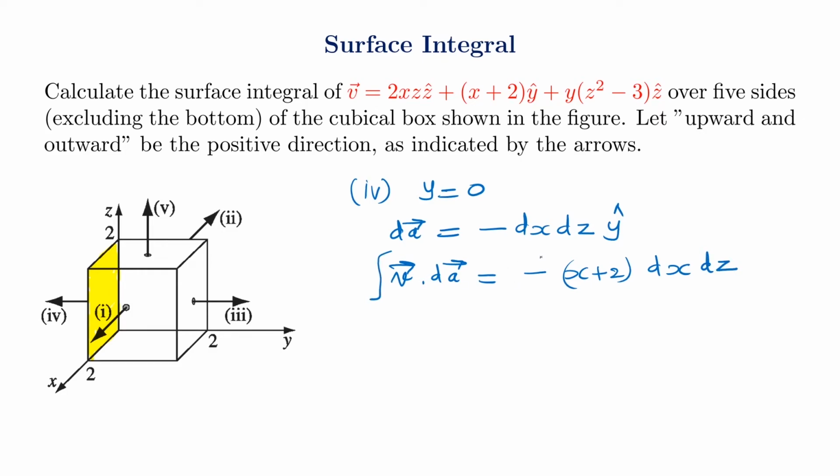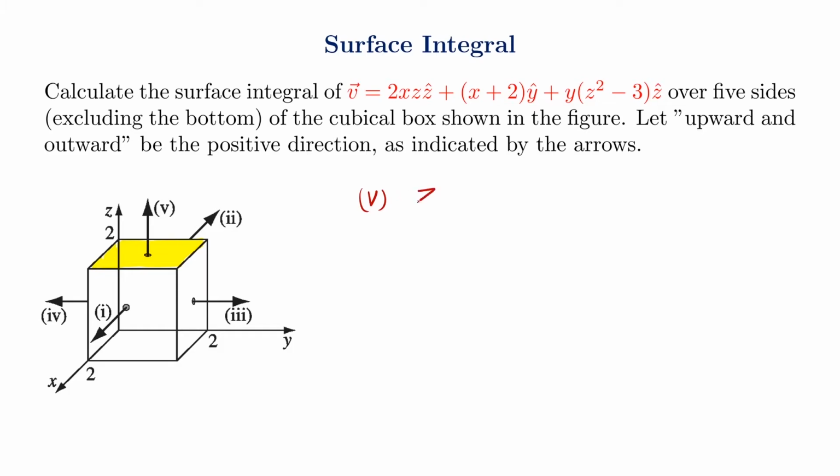Hence, the integral of v dot dA is equal to the integral of negative (x plus 2) dx dz. So this is equal to negative of integral 0 to 2 of (x plus 2) dx times integral 0 to 2 of dz. When we integrate, this will turn out to be negative of 12.